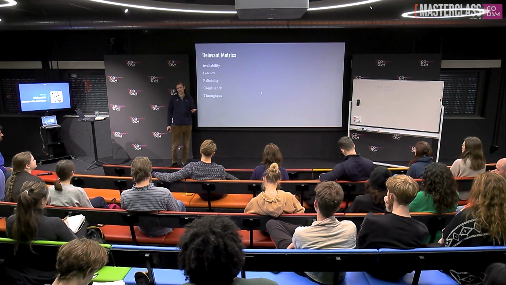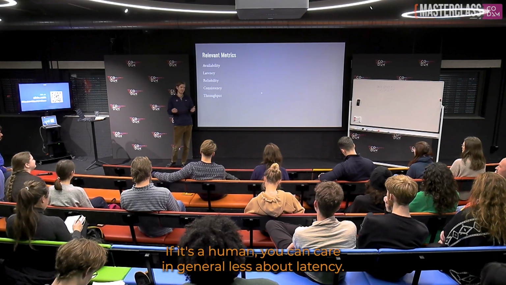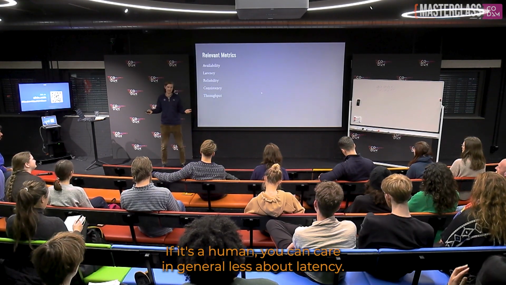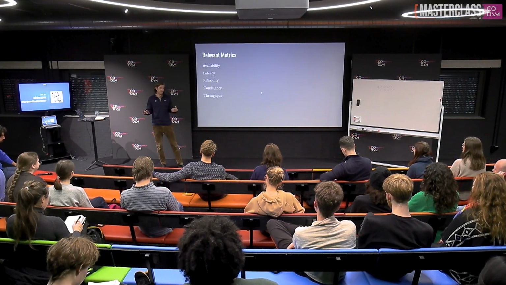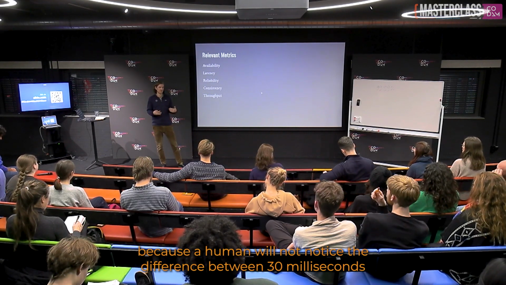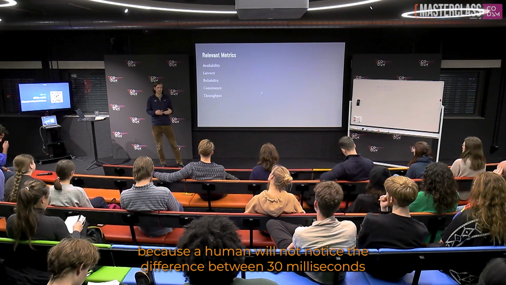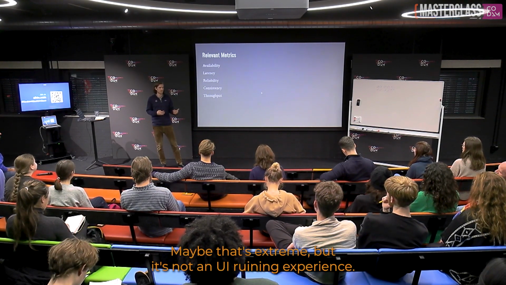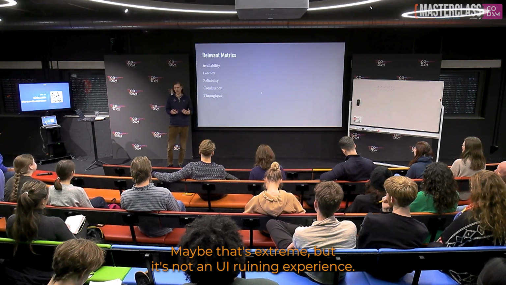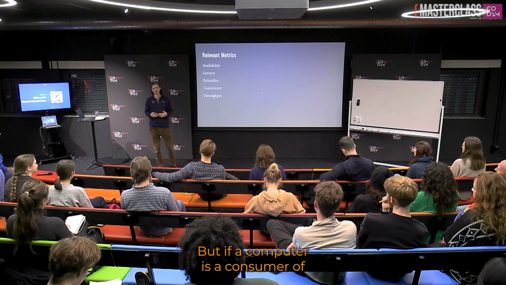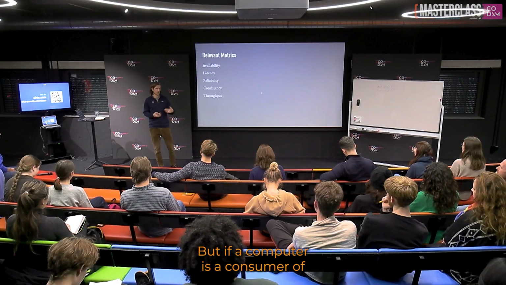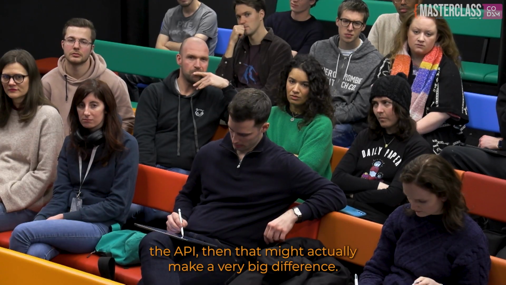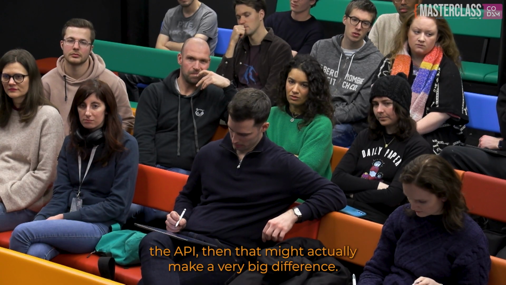If it's a human, you can generally care less about latency, because a human will not notice the difference between 30 milliseconds or half a second. Maybe that's extreme, but it's not a UI-ruining experience. But if a computer is the consumer of the API, then that might actually make a very big difference, right?